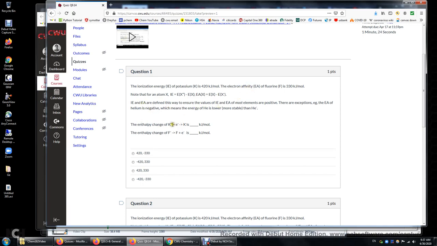Alright, so the enthalpy change of this. It takes 420 kilojoule per mole of energy to remove an electron from potassium, but now it's reversed, so I'm going to put negative 420 here. And then look at this. What we're doing is looking at the following: minus, losing an electron. So let's look at this definition here.